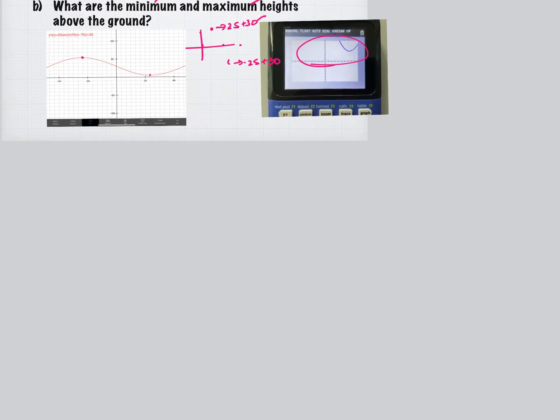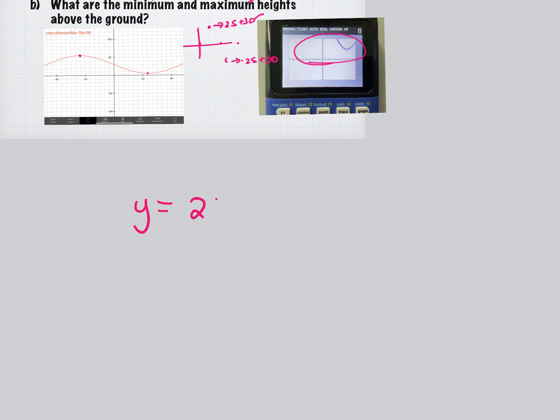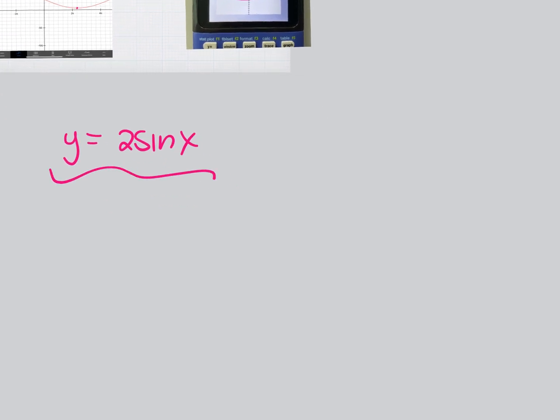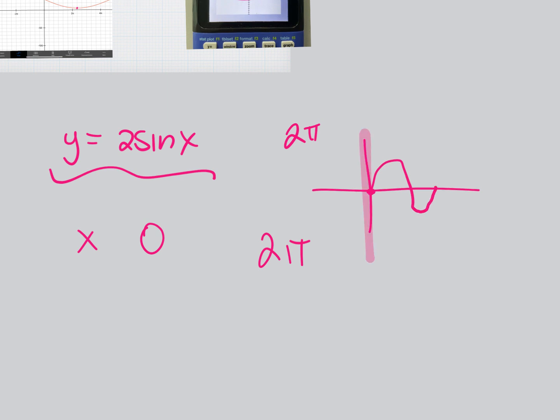So if I wanted to know what y equals 2 sine of x looks like, and I only want 1 period, I'm going to type that into my y equals part, but then I'm going to restrict it to my 1 period, and period is 2 pi. So I would restrict my x from 0 to the max 2 pi. And then when you do your graph, it will cut it off from here to here. It will give you the exact period, okay? But you literally type this in, right?